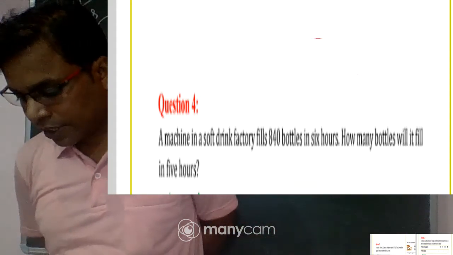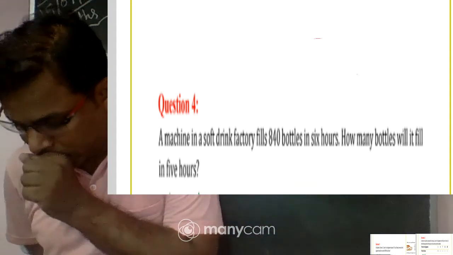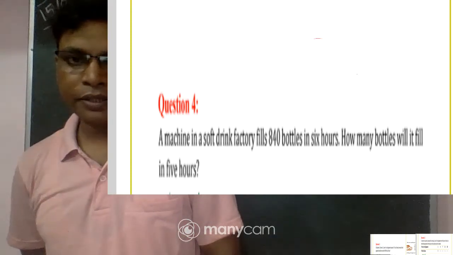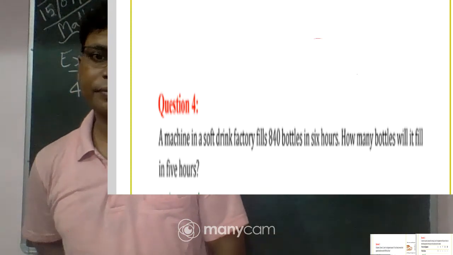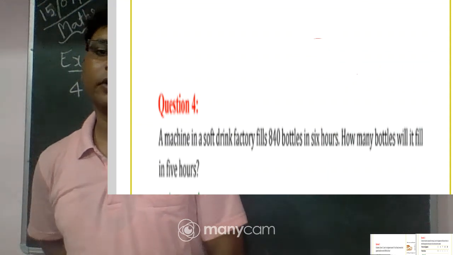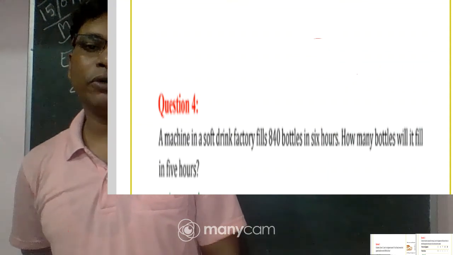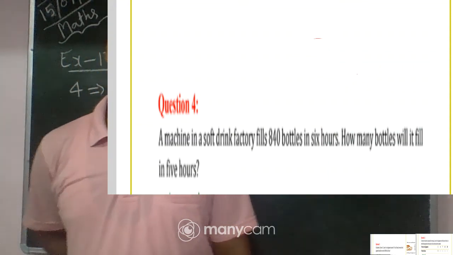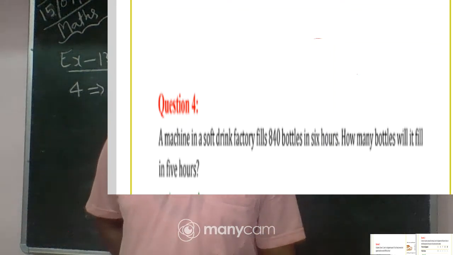Okay, so here given 6 hours, 840 bottles. If you take fewer hours, the machine fills fewer bottles.